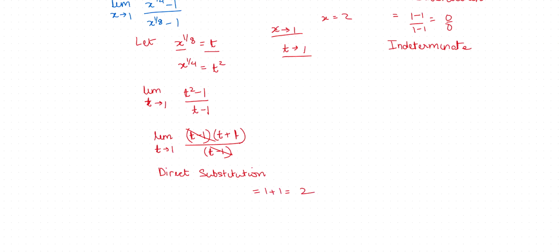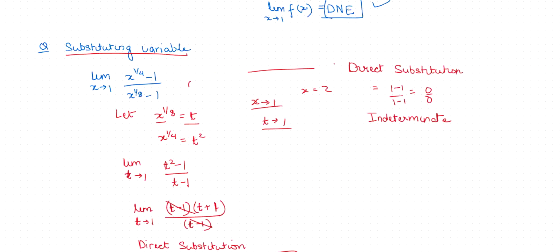And I forgot to show you before that when we first do direct substitution, we got 1 minus 1 in the numerator and denominator, that is 0 by 0, which was indeterminate. And then we tried substituting. So our limit here is 2.